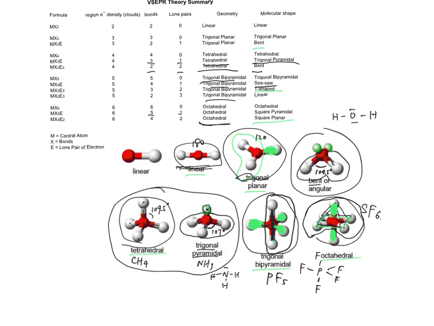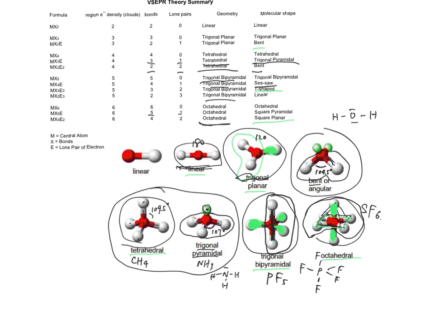And in octahedral, between every two electron clouds next to each other, it's always 90 degrees. So you don't have anything smaller than 90 degrees. And 90 degree repulsion is what we consider, because they're the closest, strongest repulsion.